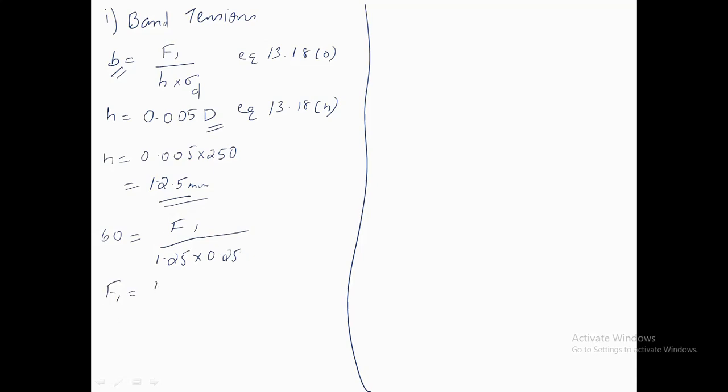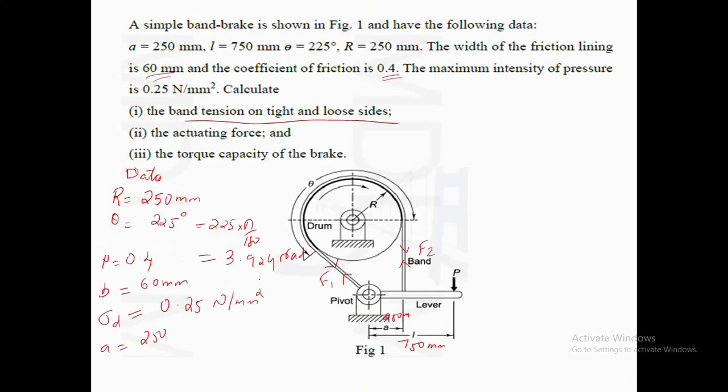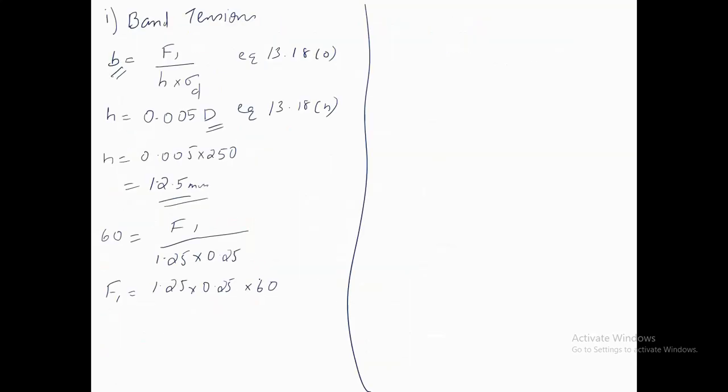F1 is equal to 1.25 into 0.25 into 60, that is 18.75 Newton.